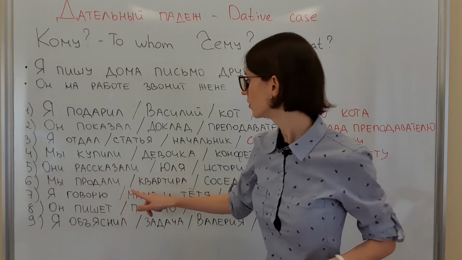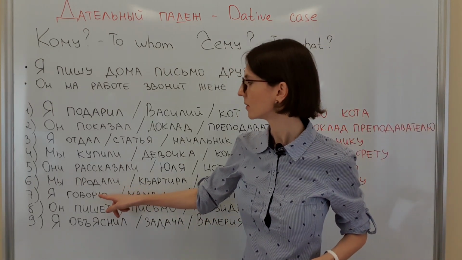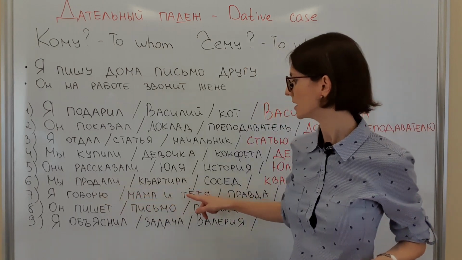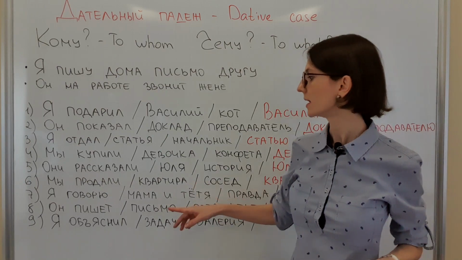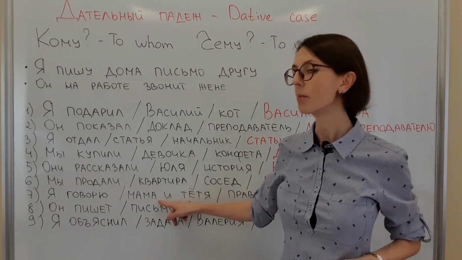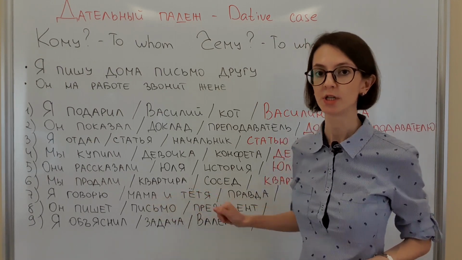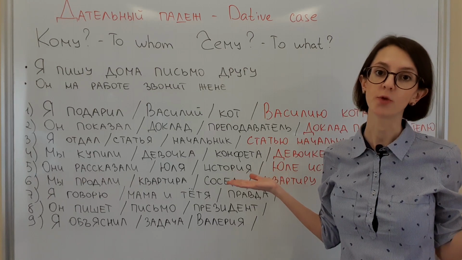Я говорю, мама и тетя, правда. I say, mom and aunt, the truth. So I say to whom? Я говорю кому? Маме и тете. Я говорю что? The truth.